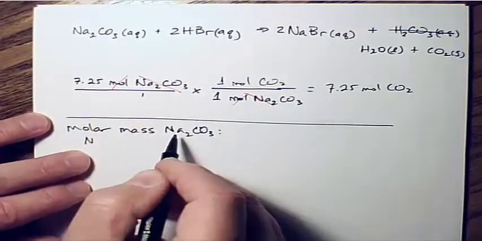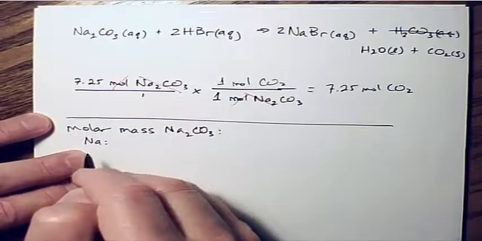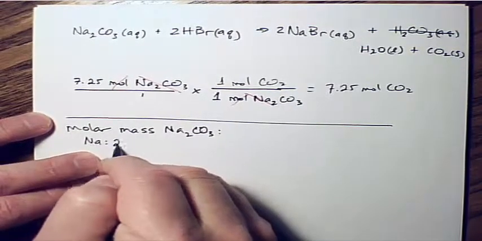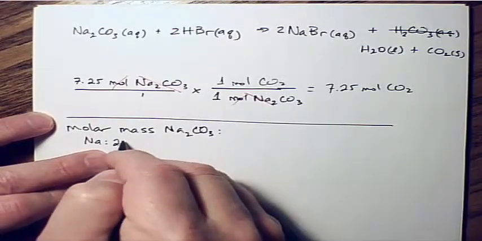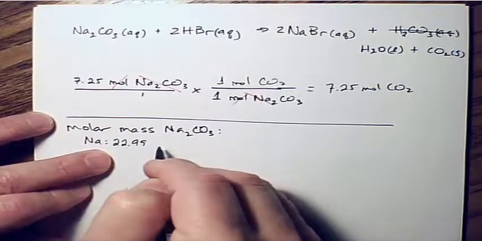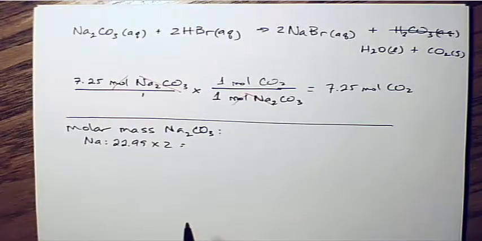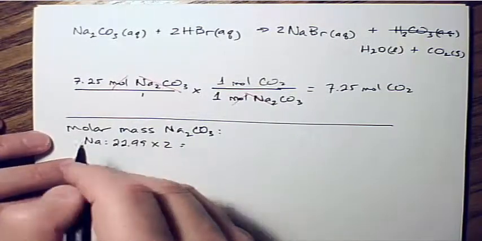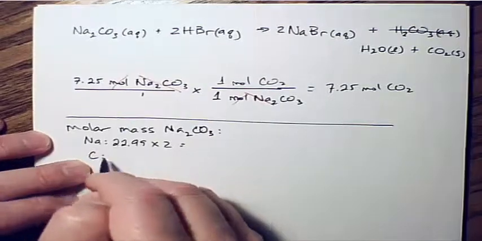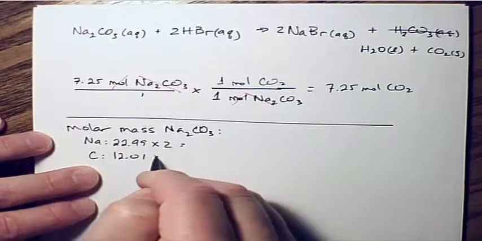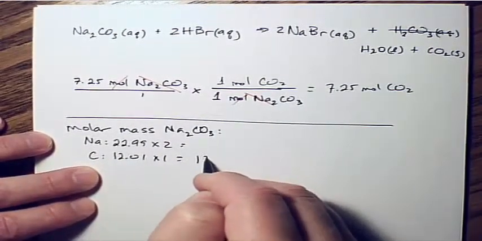Since I have 2 sodiums, I want to put down the atomic mass, 22.99 on your periodic table, and I'm just going to multiply it by 2 because this is adding sodium's atomic mass twice. And then carbon, I've only got one of those, 12.01 times 1.